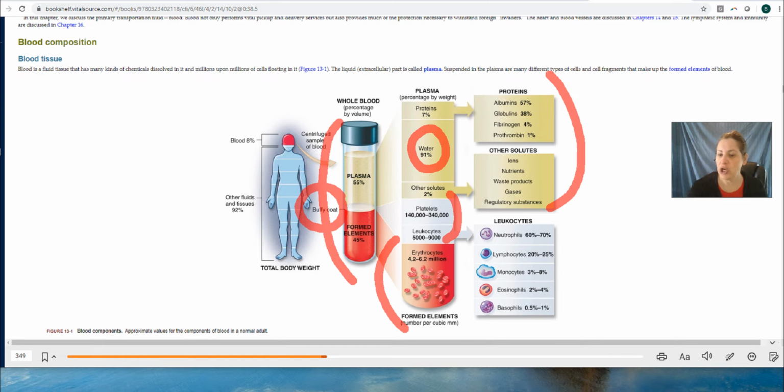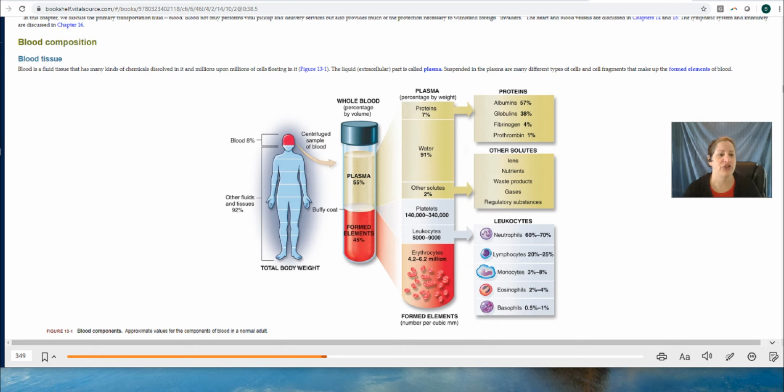Okay? So we're going to talk about all these plasma proteins, all these white blood cells and what they do, and, of course, those red blood cells as well. So it kind of gives you an idea of what belongs where. You may have heard of people donating plasma. You can see that that's just that top part of the picture. It's those plasma proteins.